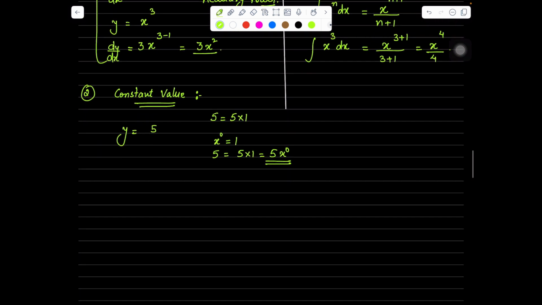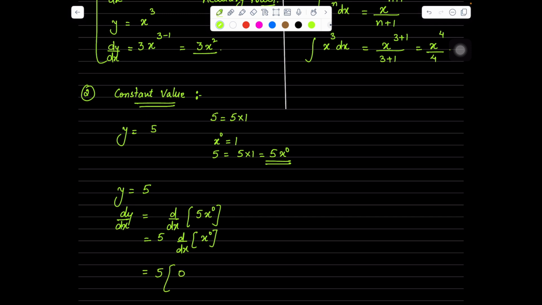Okay, now solve this numerical. y is equal to 5, make a differentiation. dy divided by dx, can I say d by dx of bracket 5x raised to power 0. So take 5 outside. So the derivative of x raised to power 0: 0 will come out.